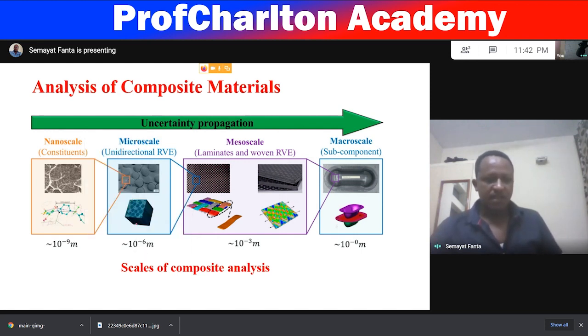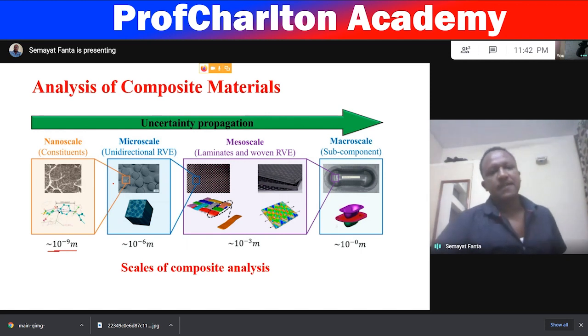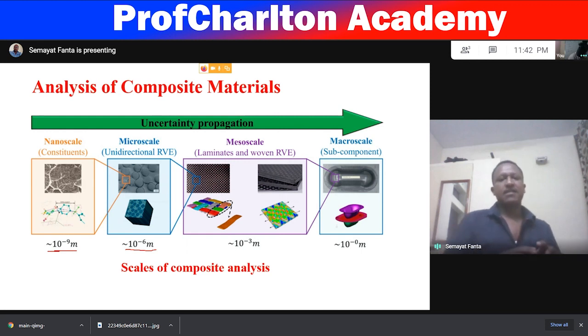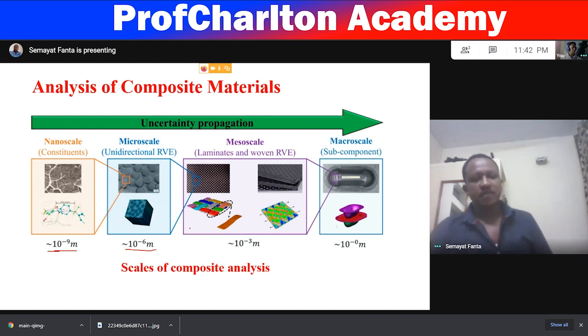Then the nano scales are synthesized to some scale. Then it is in terms of micro scale, that is unidirectional representative volume elements, which is actually in terms of matrix and fiber separately. Then it is micro scale.